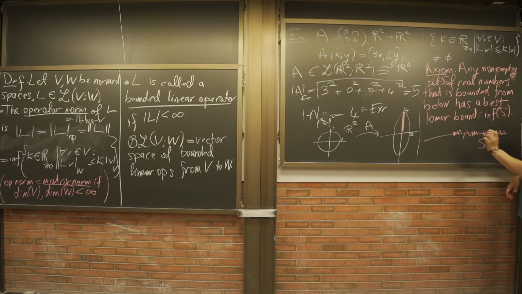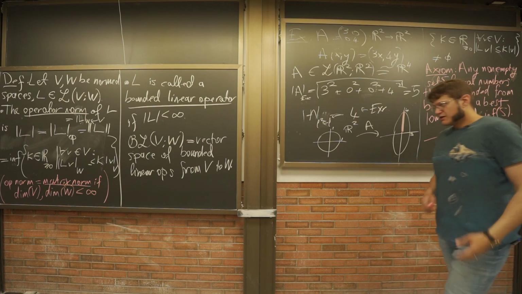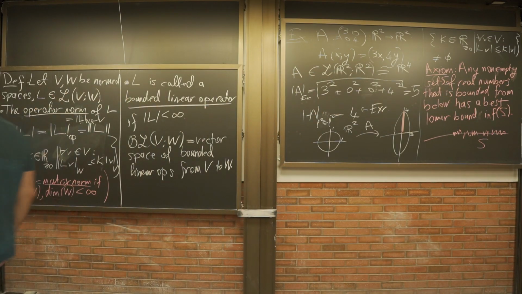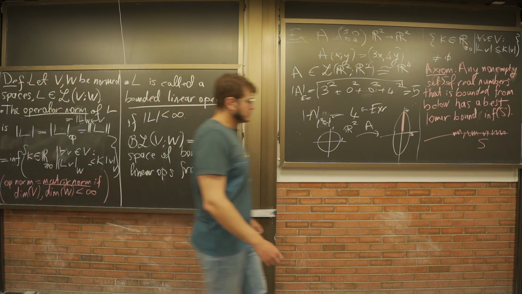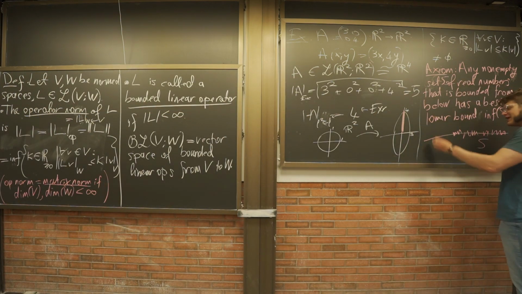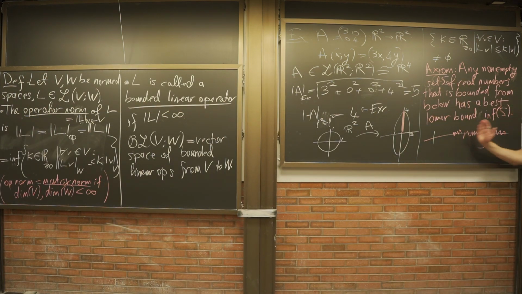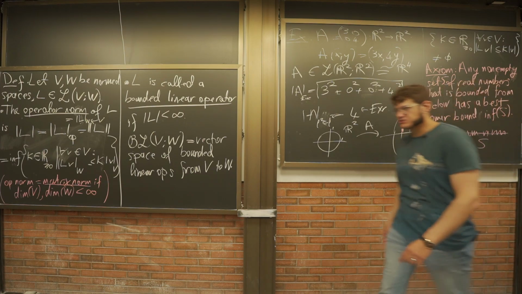This is my S. Well, a lower bound is a number that is to the left of all elements in S. So this is the negative infinity direction, this is the positive infinity direction, let's say.